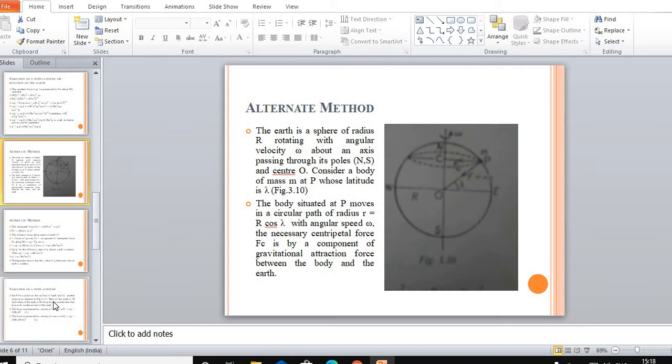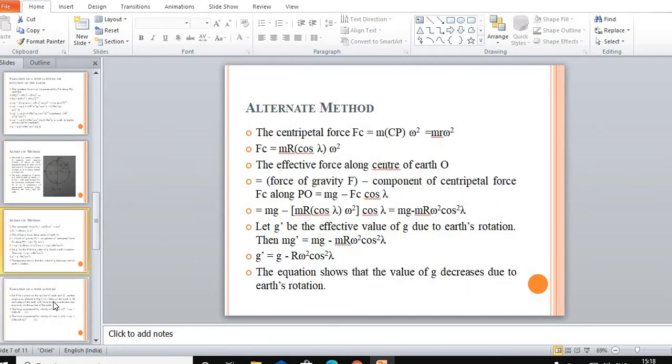The necessary centripetal force Fc is provided by a component of the gravitational force between the body and the Earth. The centripetal force Fc is equal to m into r omega squared, that is, Fc equal to m R cos lambda omega squared.